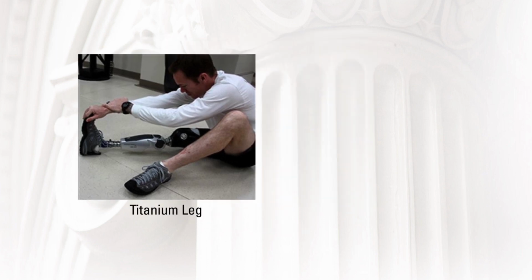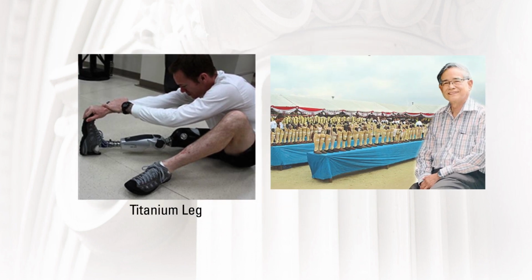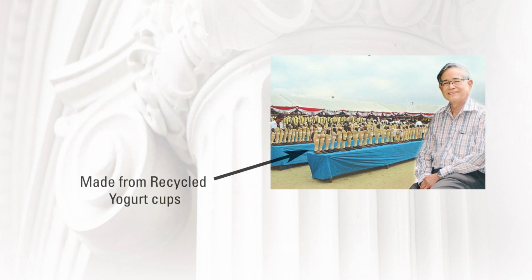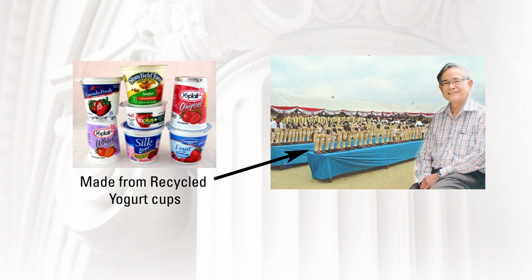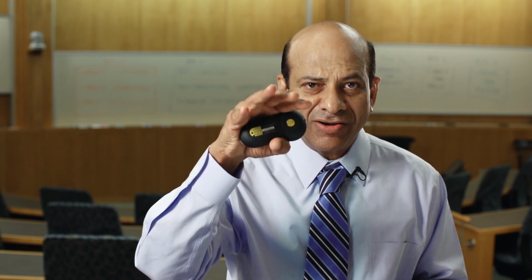So what Dr. J did was, his innovation was he was able to design an artificial leg using recycled yogurt plastic containers. Now, when you design an artificial leg using recycled yogurt plastic containers, not only cost comes down. In fact, cost goes to zero because they are thrown away anyway.